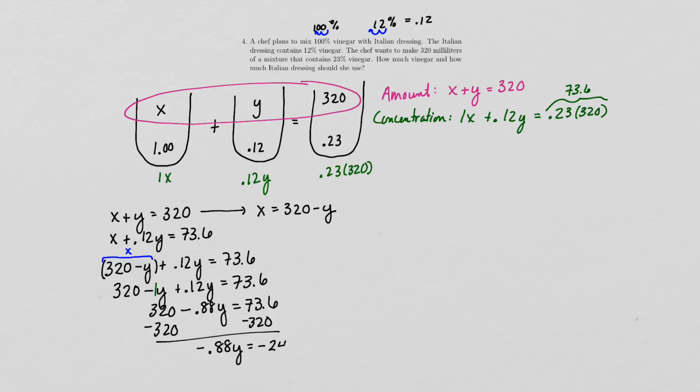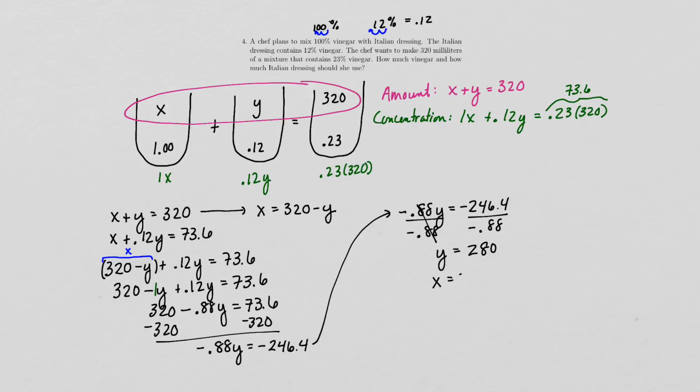So this is negative 246.4. I'm just going to move up here because I'm running out of page. So negative 0.88y, I'm just recopying what I had, is negative 246.4. So I'm going to divide both sides by negative 0.88. And so y is going to be 280.